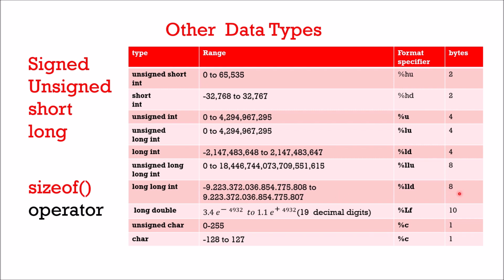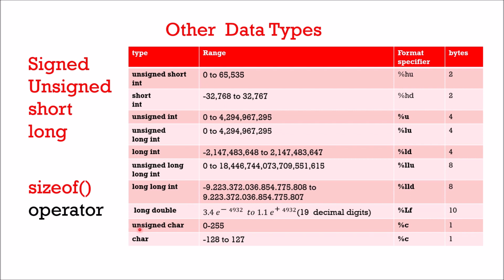Okay. The next one is the long double. Remember, this is for real numbers representation with fractional parts. So we have here now up to 19 decimal digits, and it is identified by this format specifier, this uppercase L, F, and it has a size of 10 bytes. And here's another simple example.